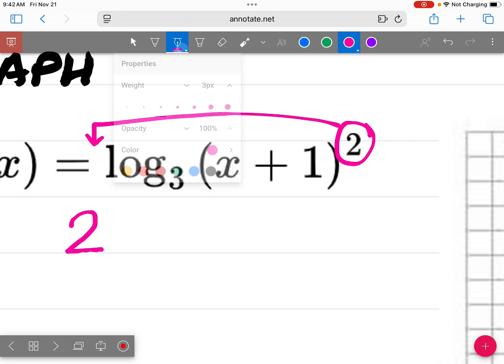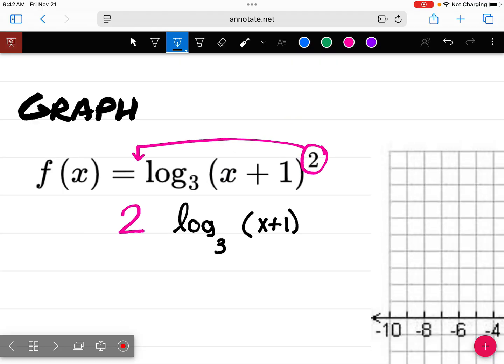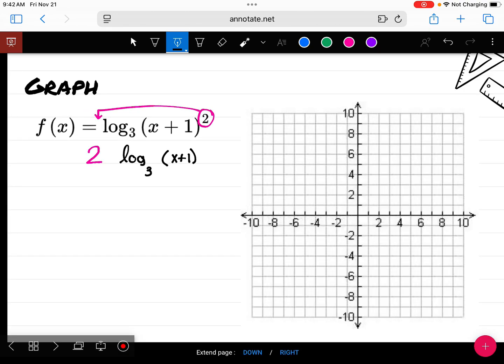So this would give us an a of 2 with our log base 3 of x plus 1. So the power properties, all those condensing things, can still come into play. If we have an exponent on our argument, we don't need to multiply it out. I can make that be my coefficient and use it as a vertical stretch. So the powers can be involved in this to give us a values. That's pretty much the only way we're going to see those used. And if we have a b, we're going to use that as a transformation on there.